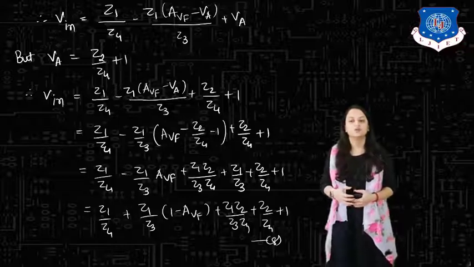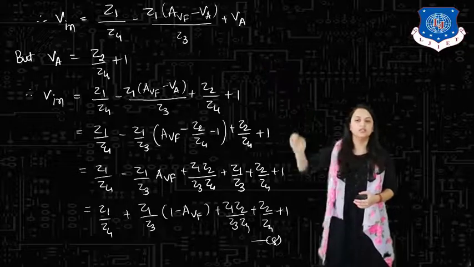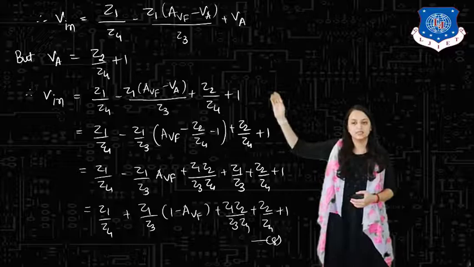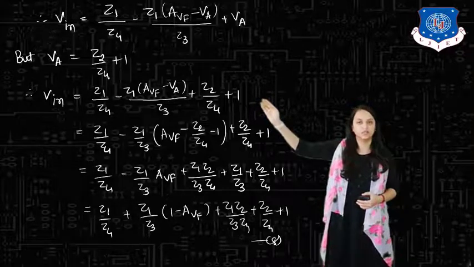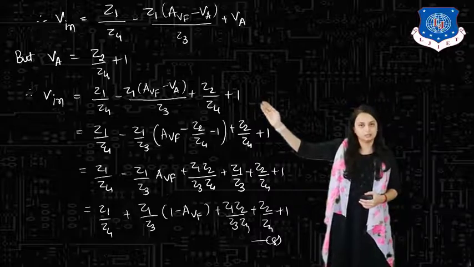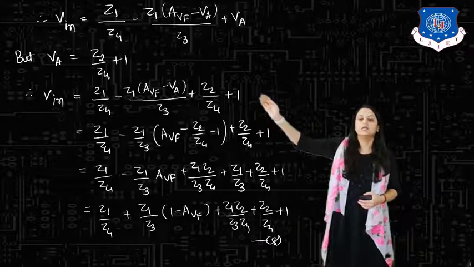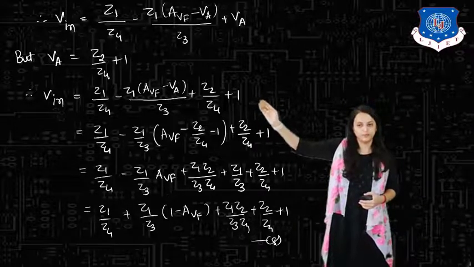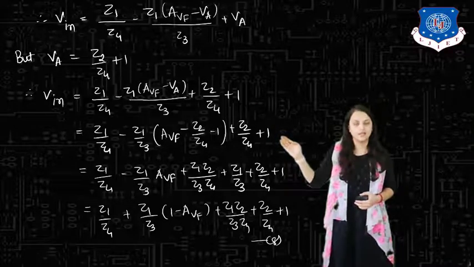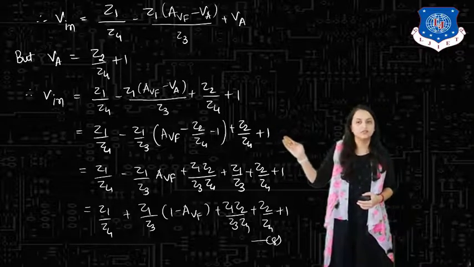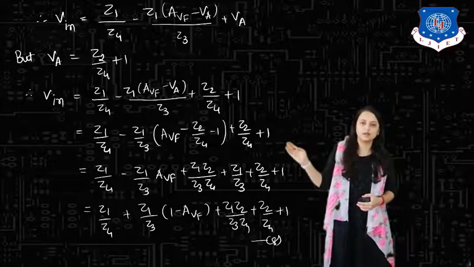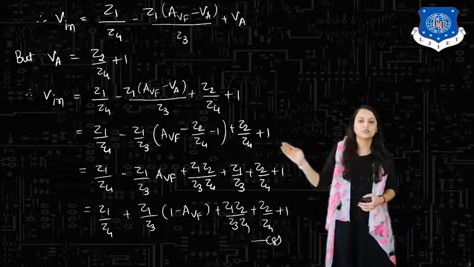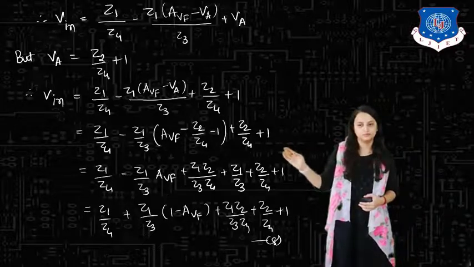Using that we can obtain the Vin equation, that is Z1 by Z4 minus Z1 by Z3, and in the bracket we have AVF minus Z2 by Z4 minus 1, plus Z2 by Z4 plus 1.